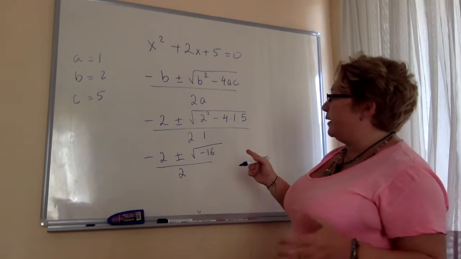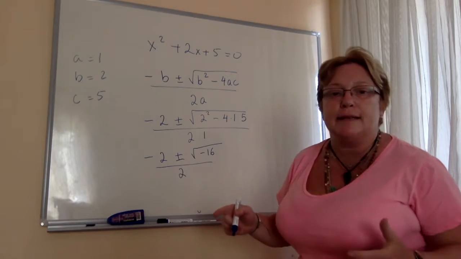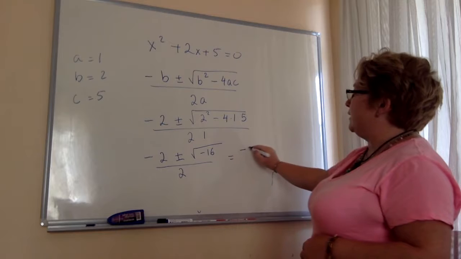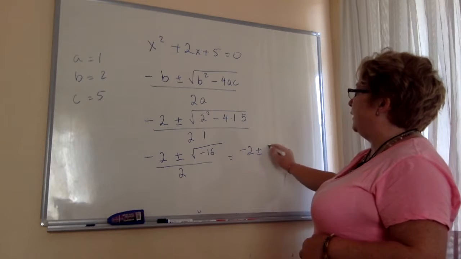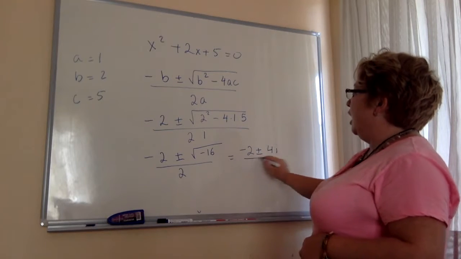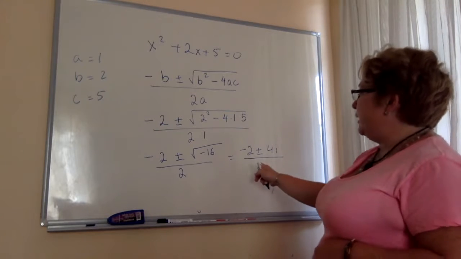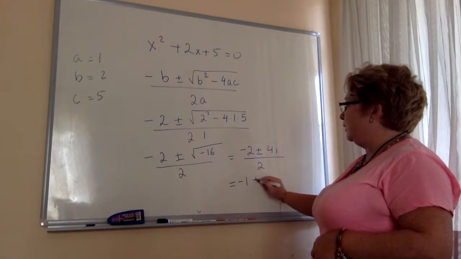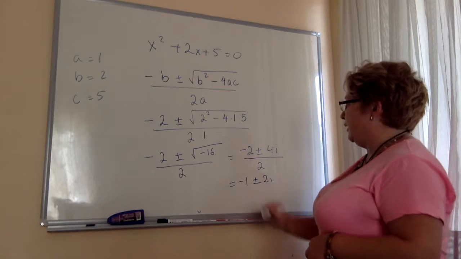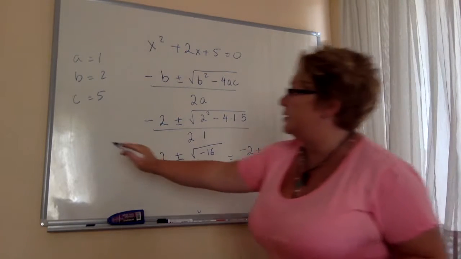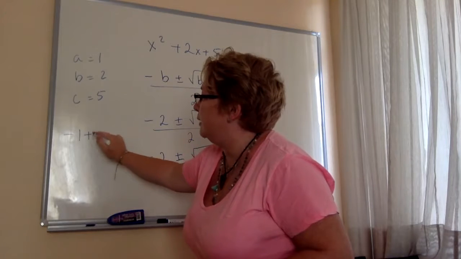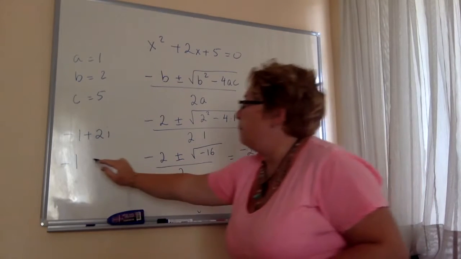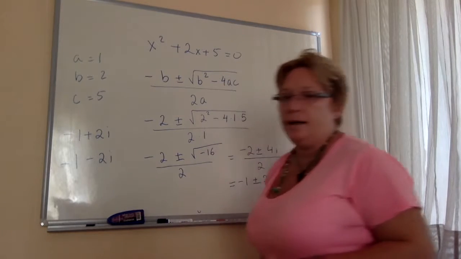And then we can say the square root of negative 16 is no other than 4i, so we can say negative 2 plus or minus 4i all over 2. And then we can distribute the 2 and we get negative 1 plus or minus 2i. So we have two solutions, negative 1 plus 2i and negative 1 minus 2i.